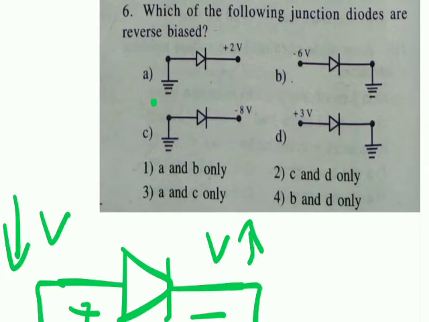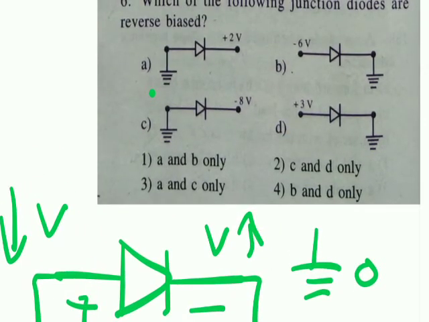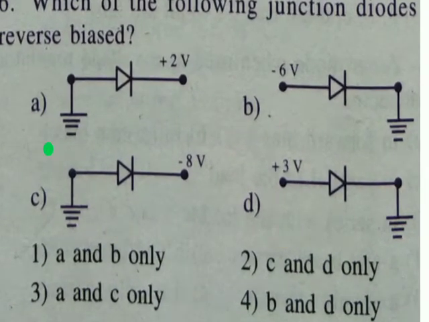Okay, see the options here. Given ground, this symbol shows a ground, meaning zero potential. From the first option, this is plus 2, this is 0. Plus 2 is greater than 0.